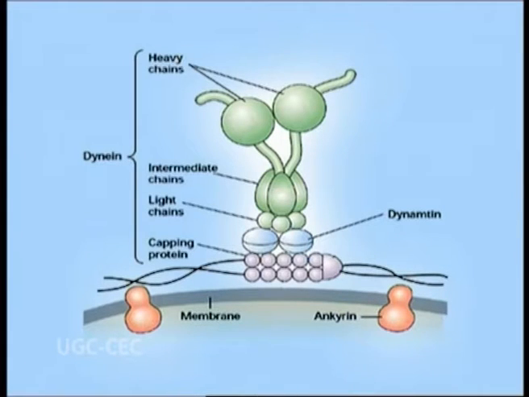Like cytoplasmic dynein, the ciliary or axonemal dynein has a motor domain which hydrolyzes ATP to move along a microtubule towards its minus end, and a tail region that carries a cargo, which in this case is an adjacent microtubule.